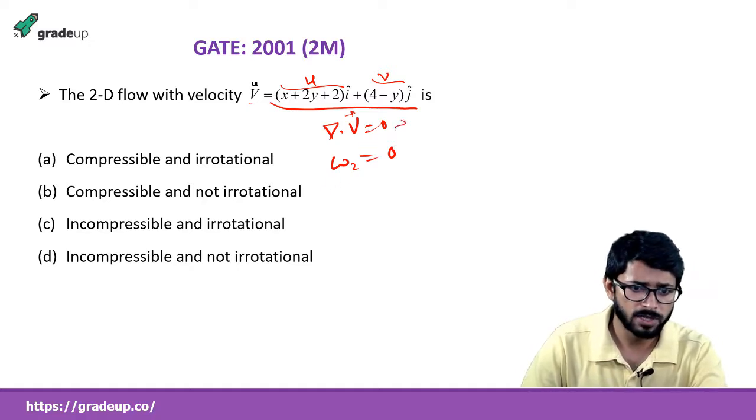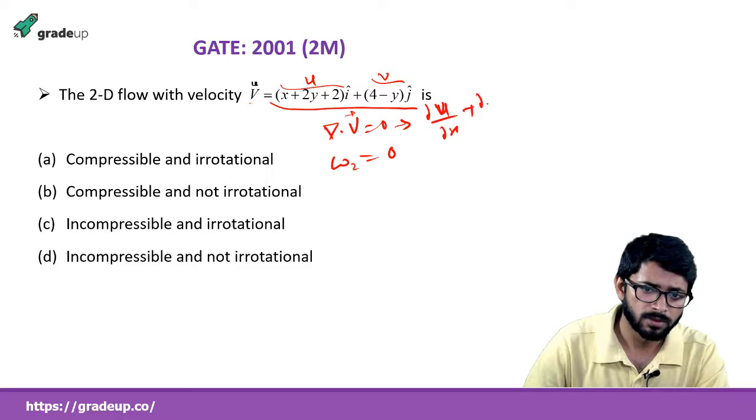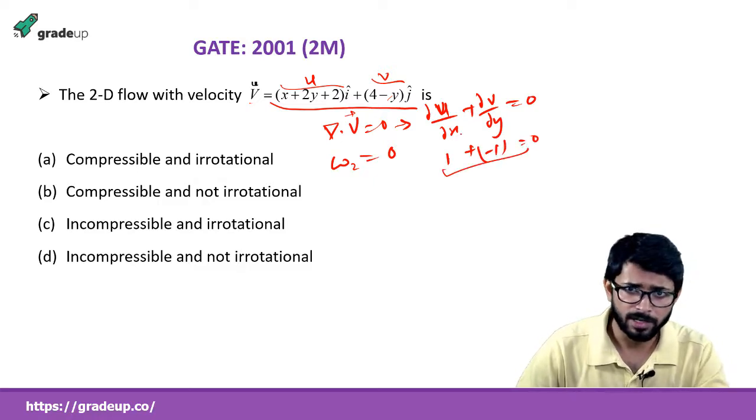Let's check first: del u by del x plus del v by del y equal to 0. Del u by del x is 1, plus del v by del y comes out to be minus 1, equal to 0. Yes, it is incompressible flow.